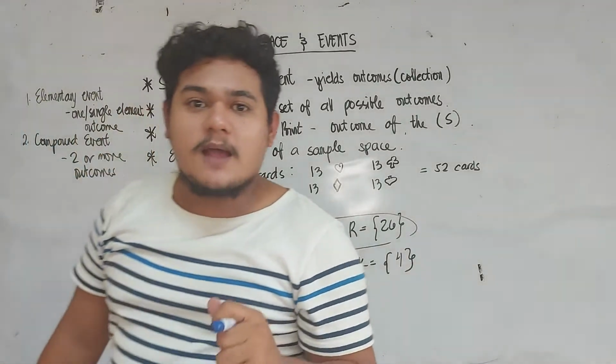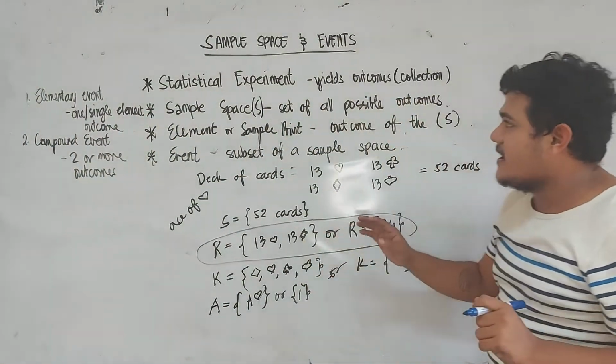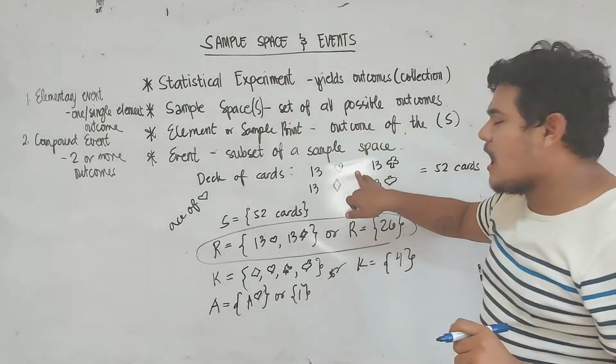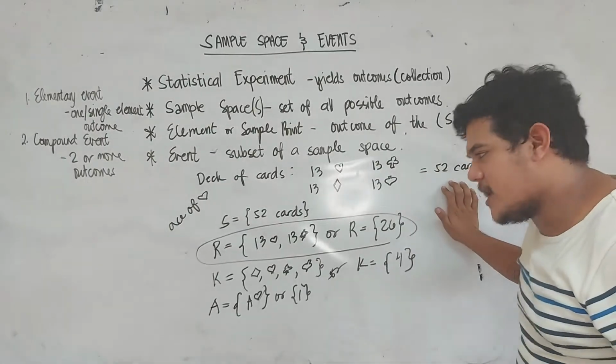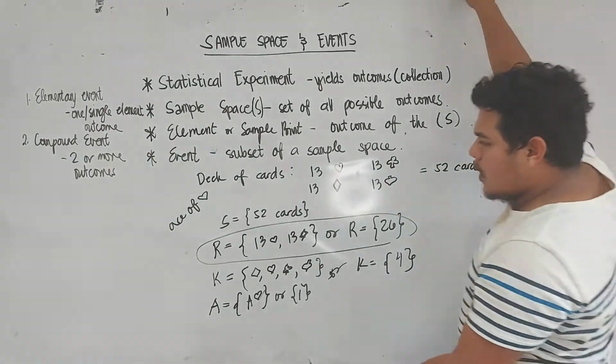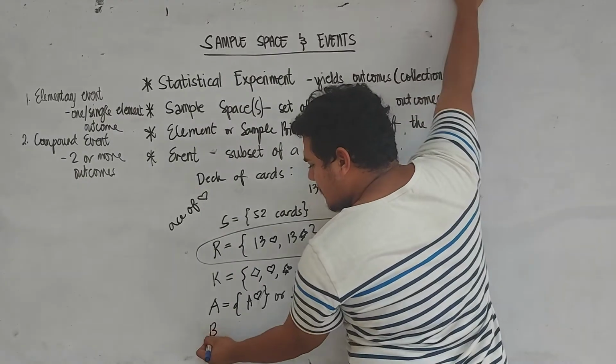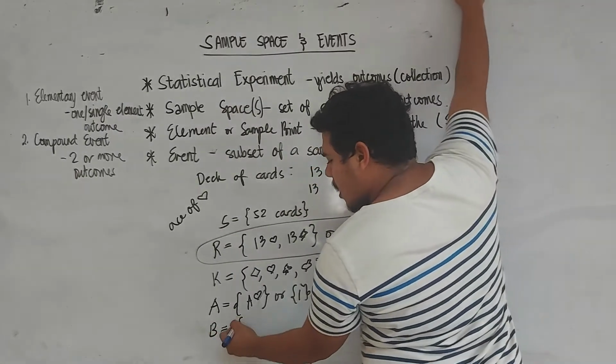We say 2 or more outcomes, meaning, example, from this given deck of cards, 13 ka heart, 13 ka diamond, 13 ka clover, 13 ka spades. 52 cards tanan. When we say this example, let B be the probability of getting black cards.